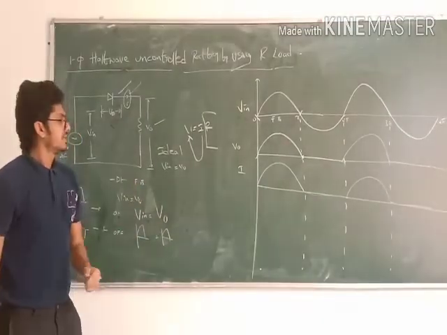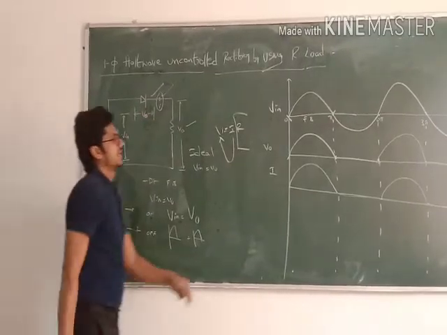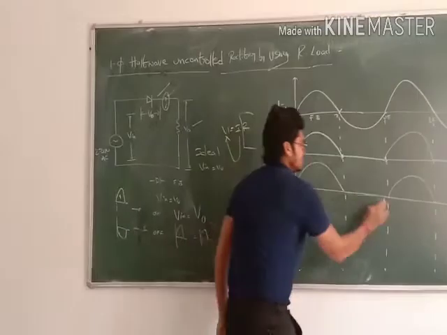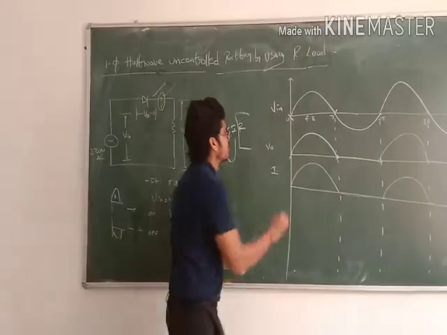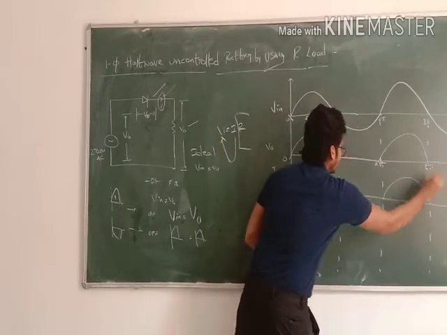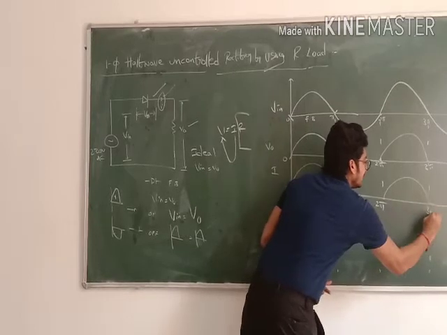Otherwise, you can see when the diode is forward biased, the current will flow. When the diode is reverse biased, there is no current, that is 0. So again 0, pi, 2 pi, 3 pi.